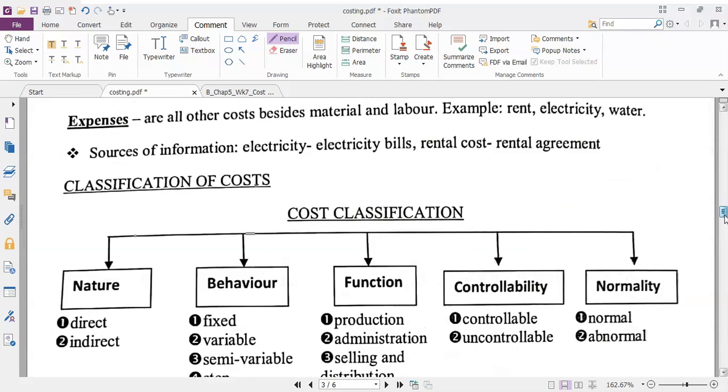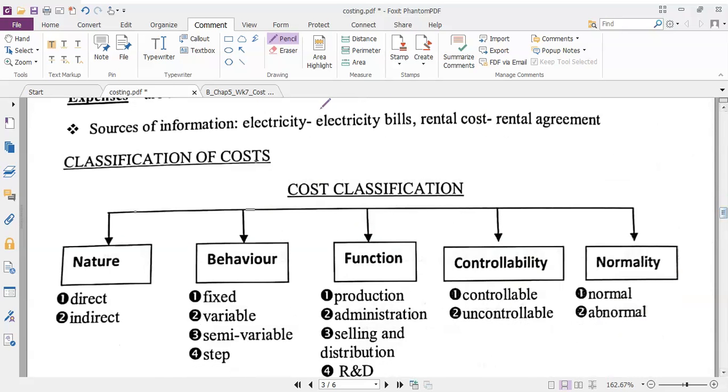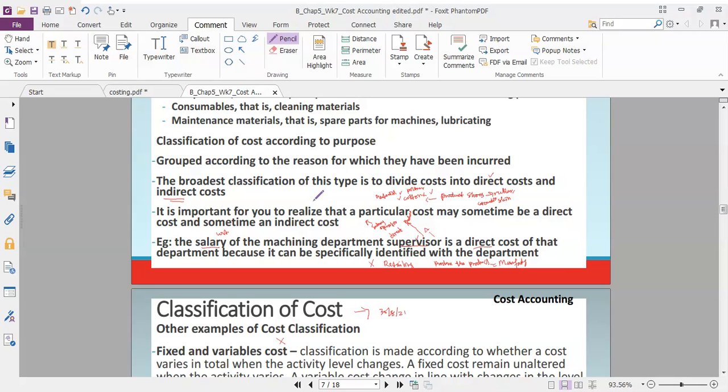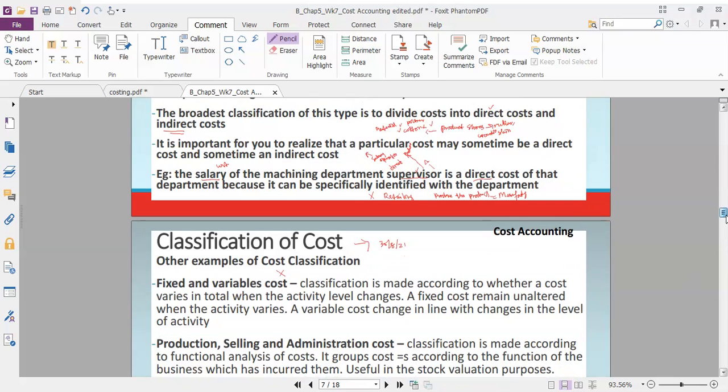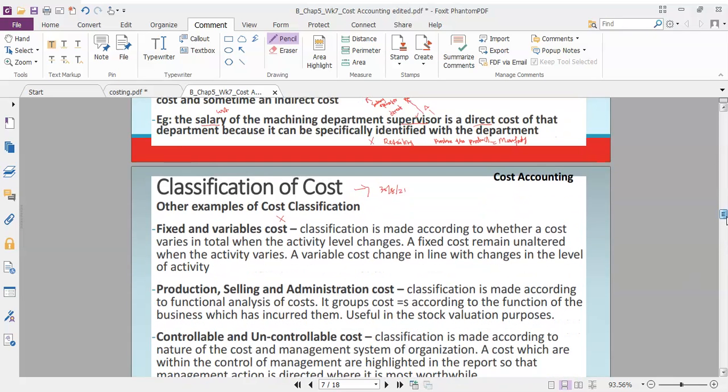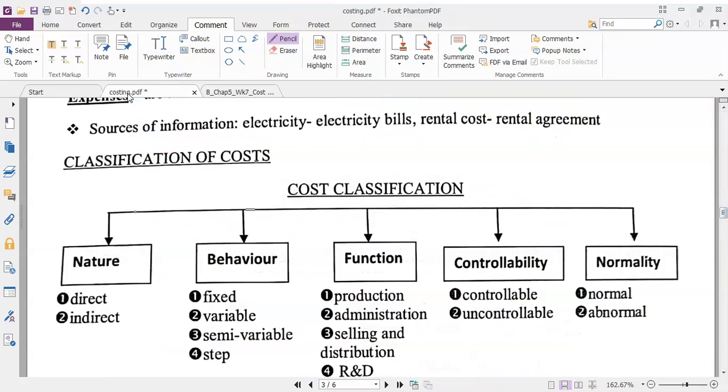Alright, so let's look at the cost classification. Okay, I will refer to both of our slides today. In this simple diagram, look at the cost classification here. We have 5 types of cost classification.